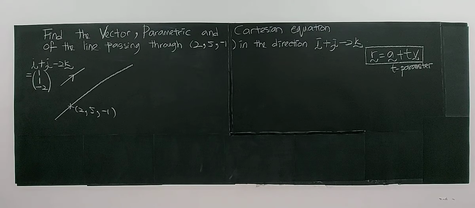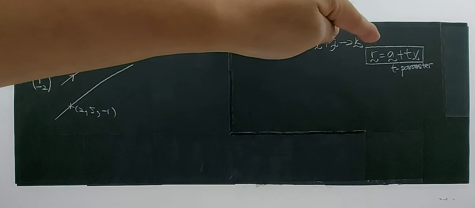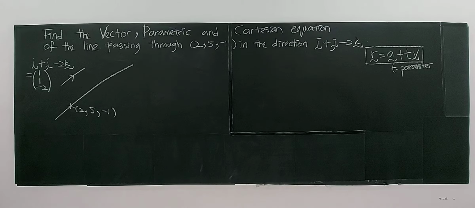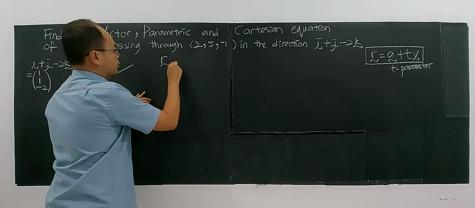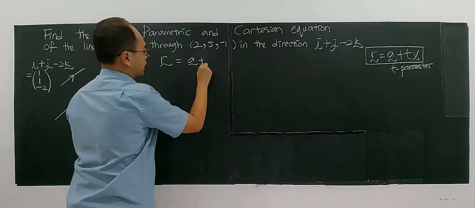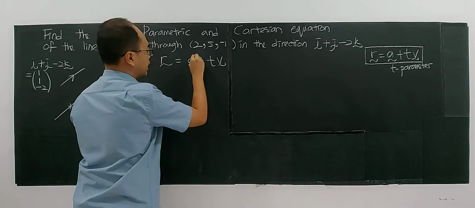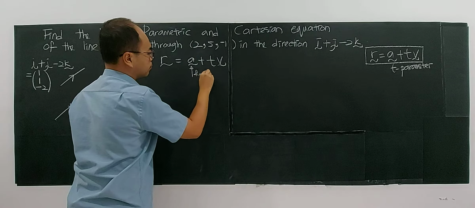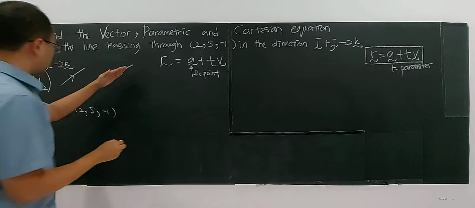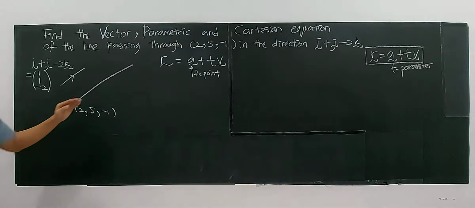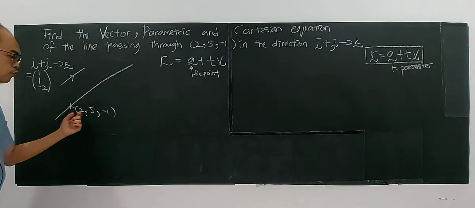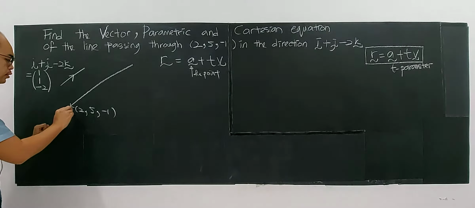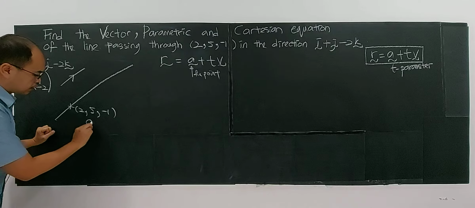When I derive the formula, r equals a plus tv, a is a fixed point, a given point on the line, which is 2, 5, negative 1. I usually let this be my a.